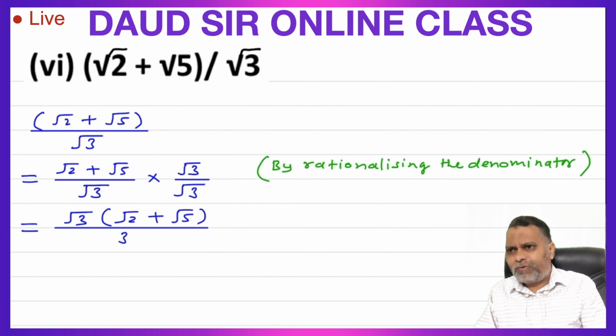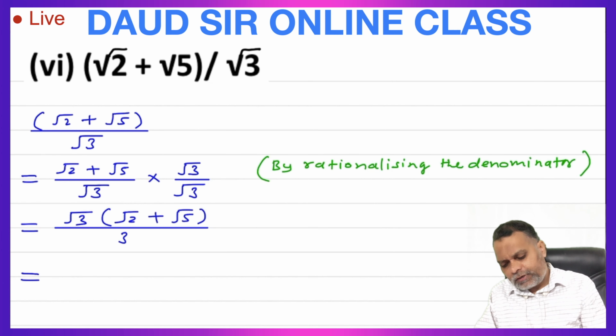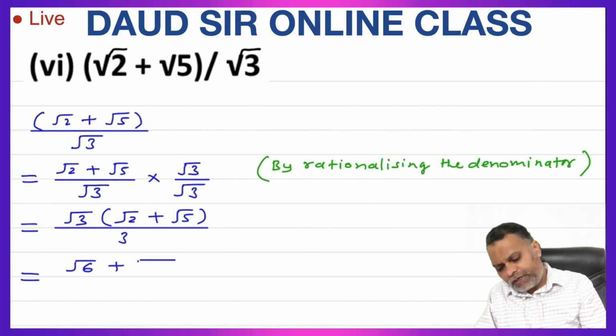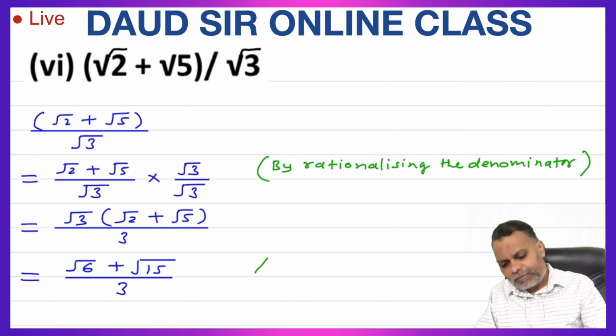You can leave up to here, or you can multiply this root 3 into the bracket. Root 3 into root 2, root 6. Root 3 into root 5, root 15, 3 5s are 15 upon 3. This is the answer.